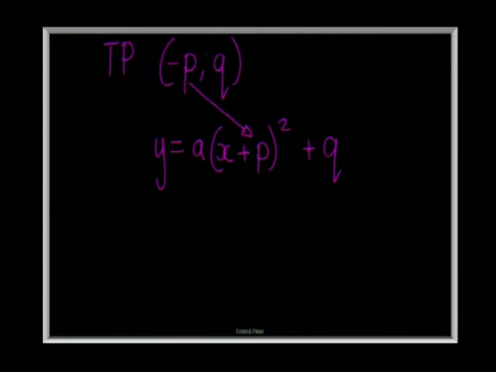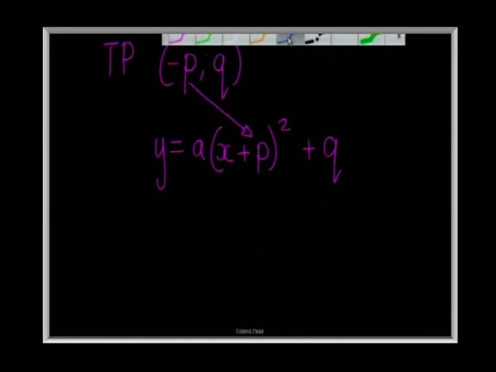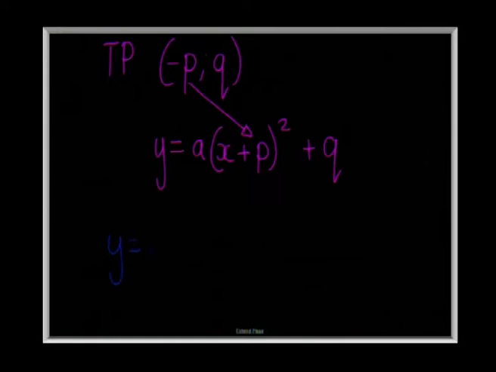The other way you can do it is by using the formula y is equal to a(x minus x1)(x minus x2). The x1 and the x2 don't really mean much. They're just telling us that we've got an x point, which we're calling number 1, and an x point that we're calling number 2.